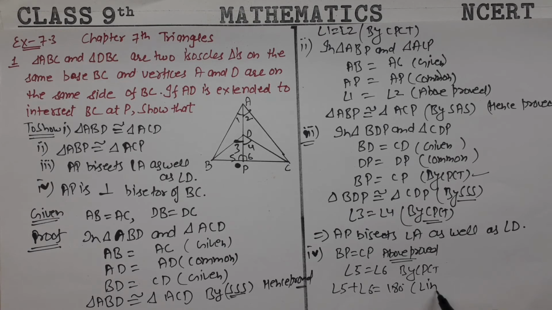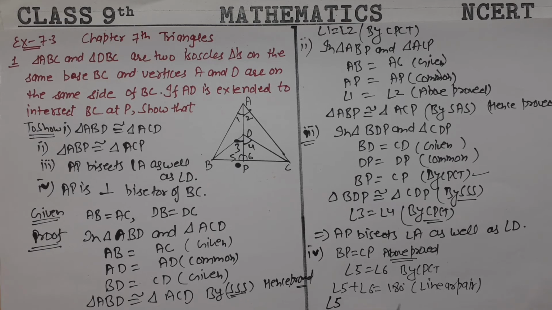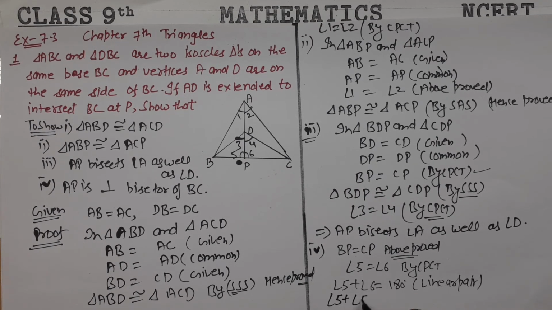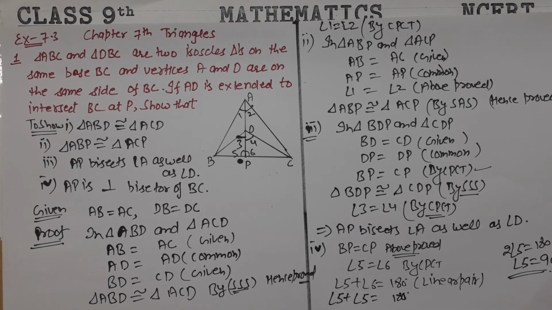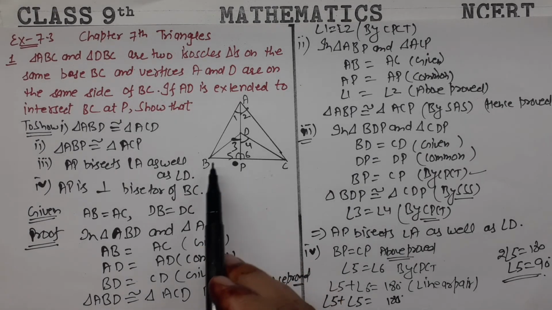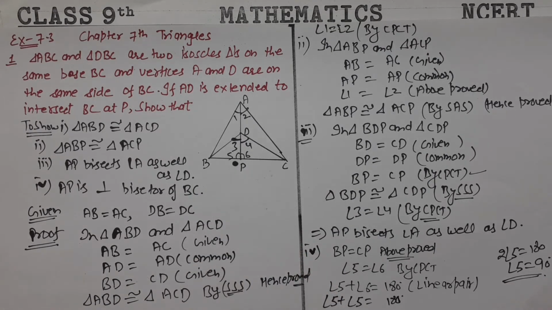Reason? Linear pair. Now replace angle 6 with angle 5, because both are equal. Twice angle 5 equals 180. Angle 5 equals 180 divided by 2, which makes 90. Hence, AP is perpendicular bisector of BC.